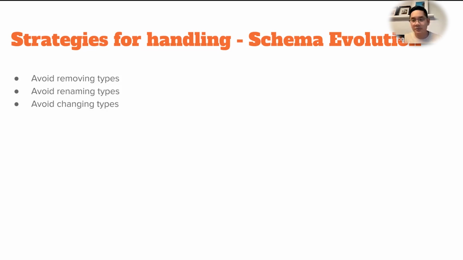Avoid changing types. Super basic. If you have a type that resolves to a Boolean and you decide to change it to a number, that sort of expectation can really break down. Really simple, but these are breaking changes, and you want to avoid these for your APIs.